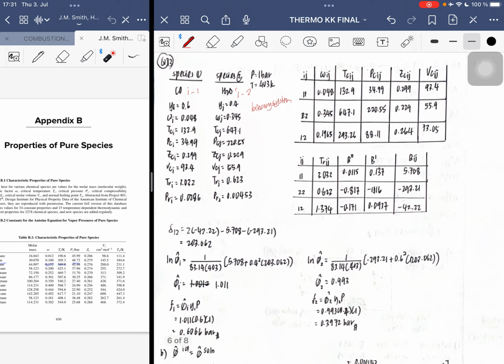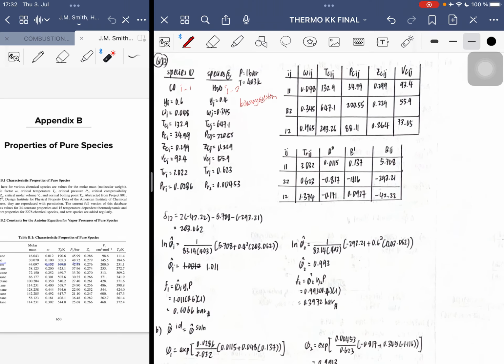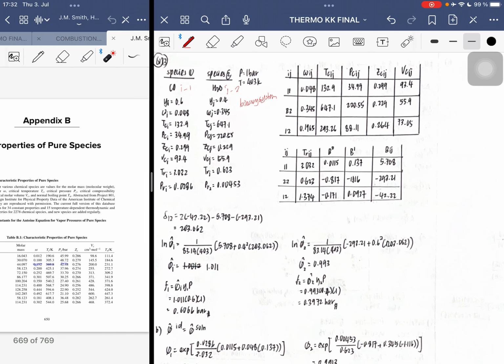If it's 1 1, then it's just carbon monoxide. If it's 2 2 or jj, then it's H2O. If it's 1 2, then it's the combined property of both CO and H2O. And there's a specific formula for each property if you want to find the combined properties.